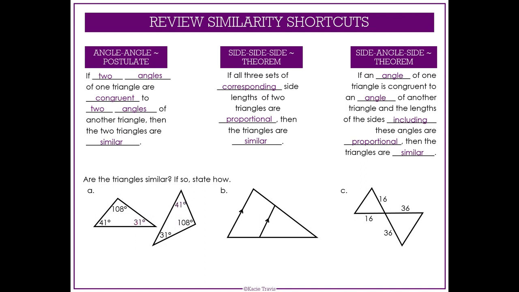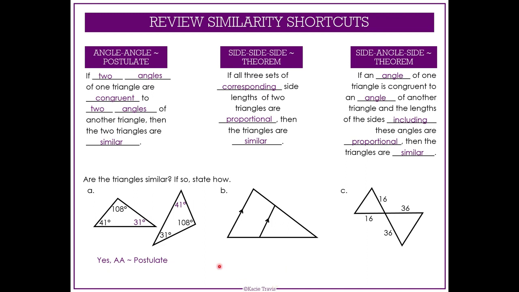If we subtract these other angles that are given from 180, that gives us that the triangle on the left has an angle of 31, the triangle on the right has an angle of 41 for its missing angle, which means that these two are in fact similar because they have two angles that are the same. So this is yes, and since they have two angles that are the same, aka congruent, this is similar through the angle postulate, or AA for short.